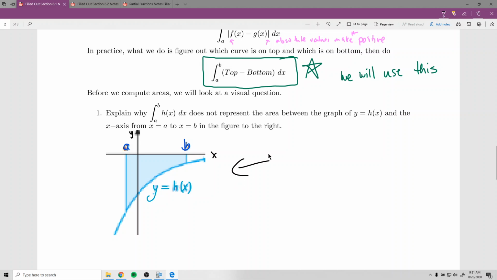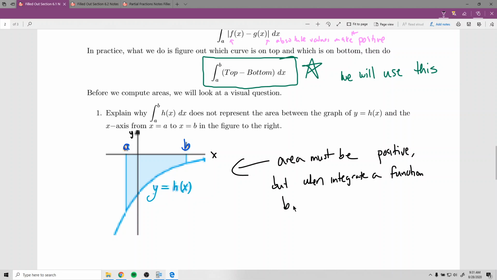Well, this is a straightforward answer because area must be positive. But when you integrate a function below the x-axis, the definite integral is negative.